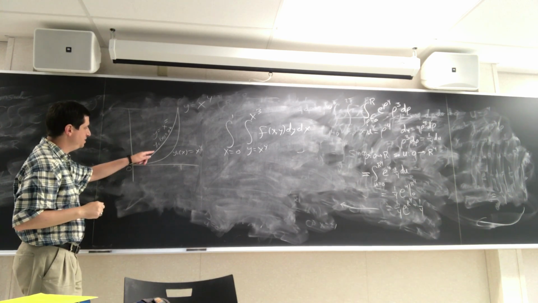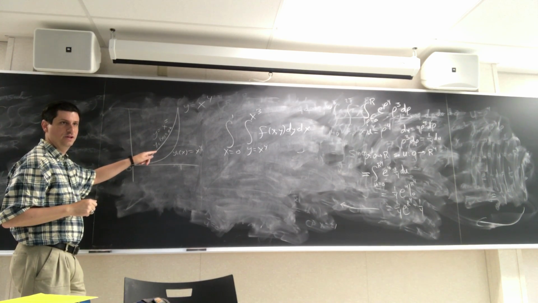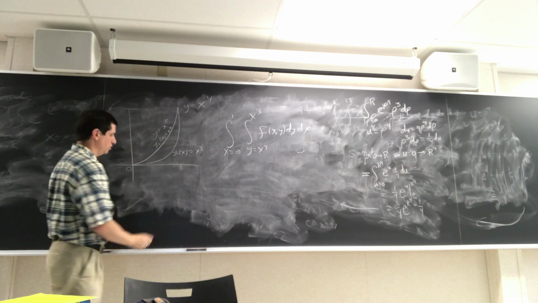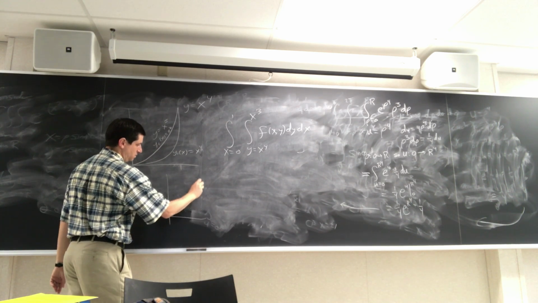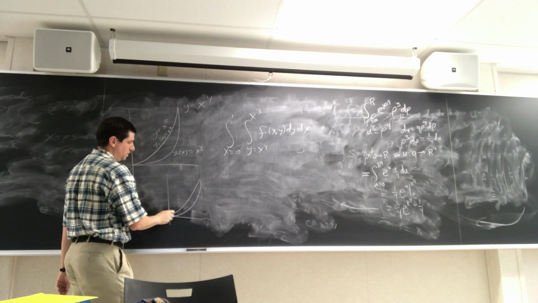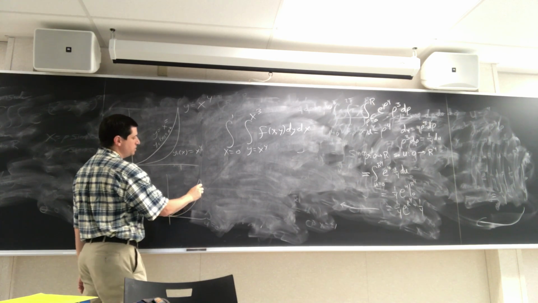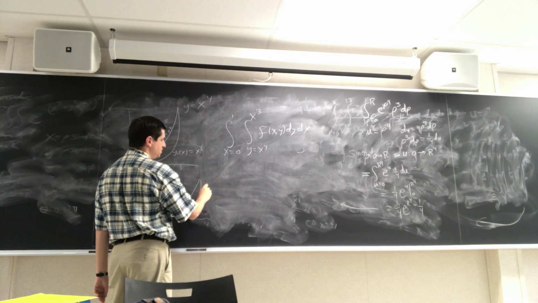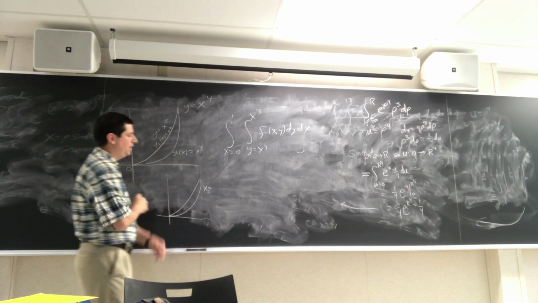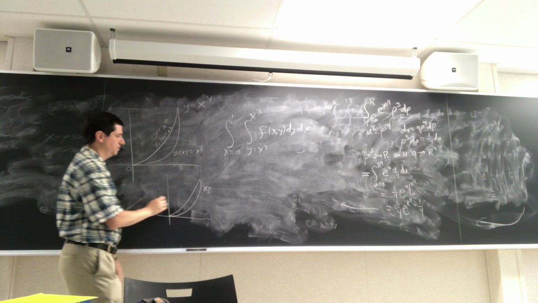So if I want to do it the other way, this is now the boundary curve. This is going to be my x1 of y, and this will be my x2. So I'll redraw it. If this is y equals x to the 4th, I want to write this as x as a function of y. How would I write that as a function of y?